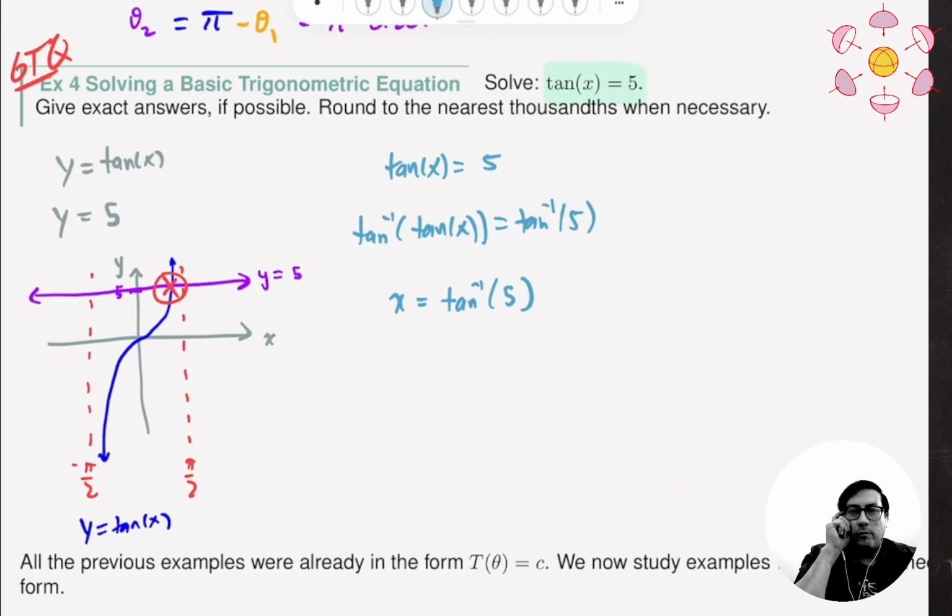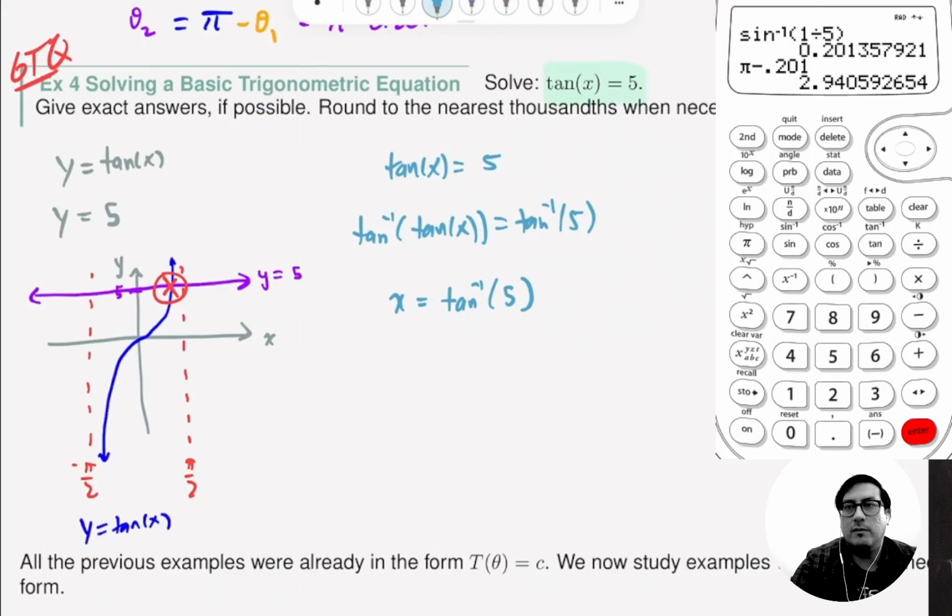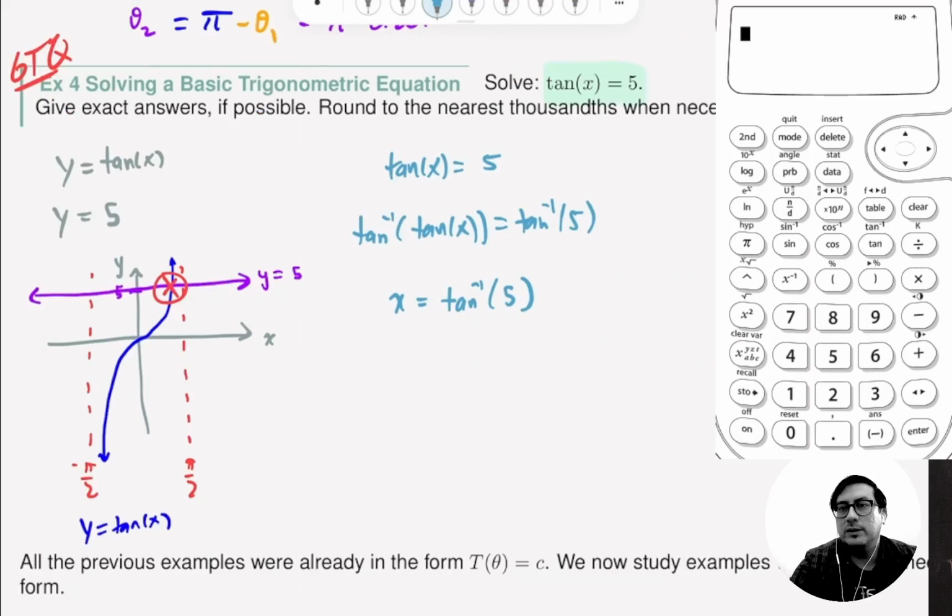And now we need the calculator, because that is not a nice number that we can do using the unit circle. So we're going to go to, let's just clear that, second tangent, 5. There we have it.